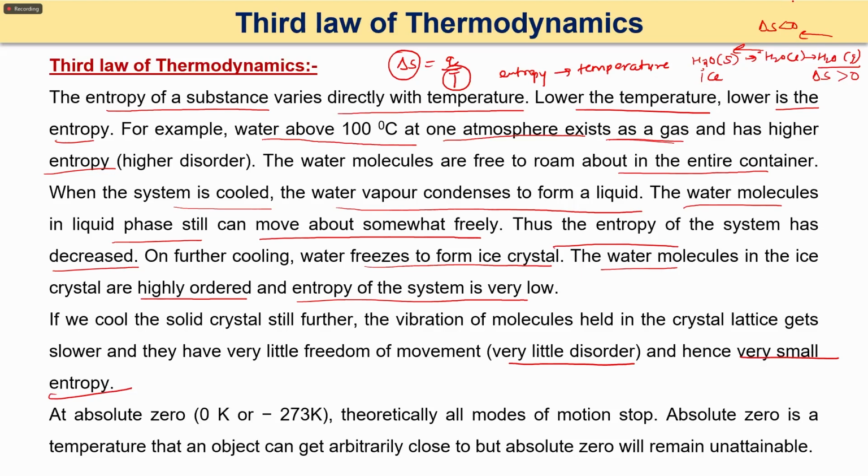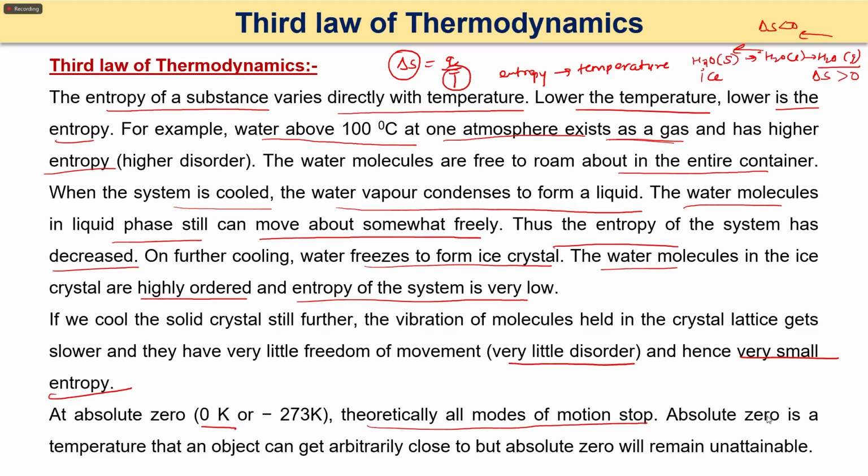So on going from the gaseous state to liquid to solid, your entropy is decreasing. At absolute zero, that is 0 Kelvin, theoretically all modes of motion are stopped, so there is negligible vibration.